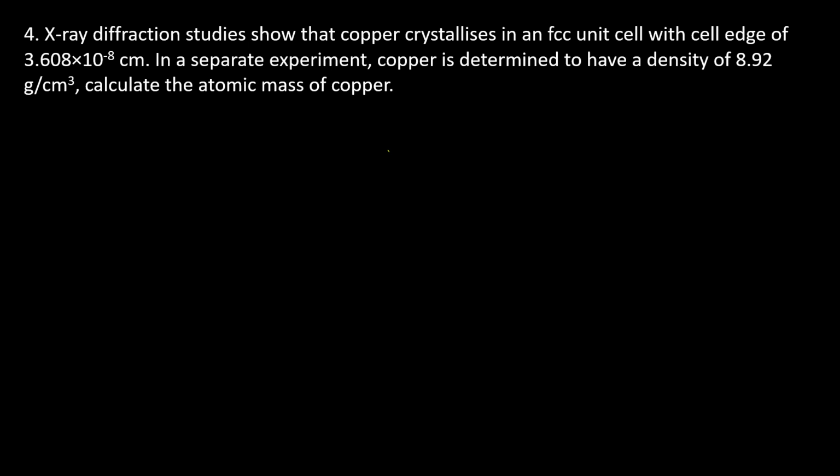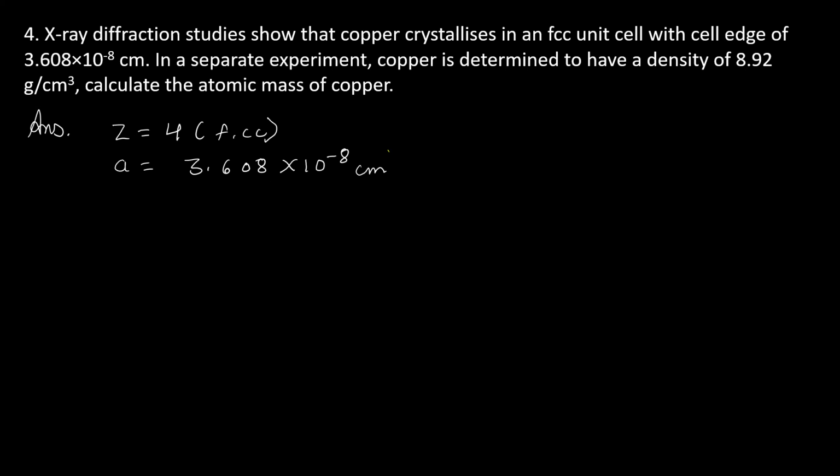Next numerical is: X-ray diffraction studies show that copper crystallizes in an FCC unit cell. So Z is equal to 4, as the unit cell is FCC, with a cell edge of 3.608 into 10 raised to power minus 8 centimeter.